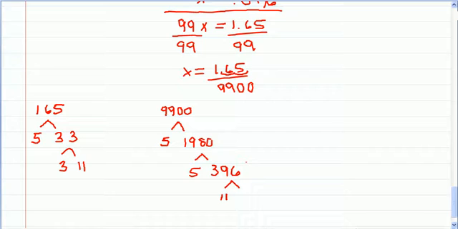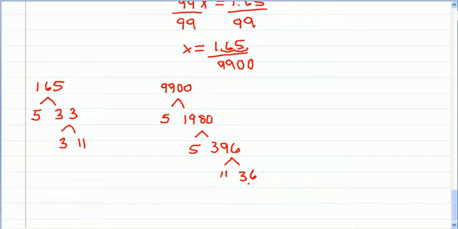So if I take 396 and divide it by 11, I get the number 36. So now this problem doesn't look so difficult as it did earlier. And with 36, we'll go 2 times 18, 2 times 9, and then 3 times 3.